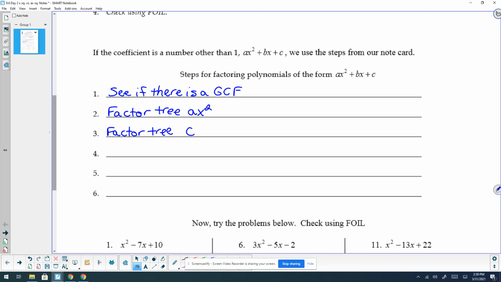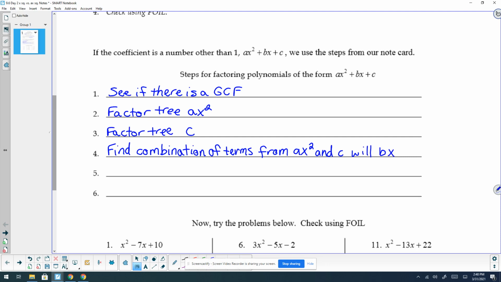At this point, what I want to do is find the combination of terms from ax squared and c that, when they're multiplied together, will add to my bx term.